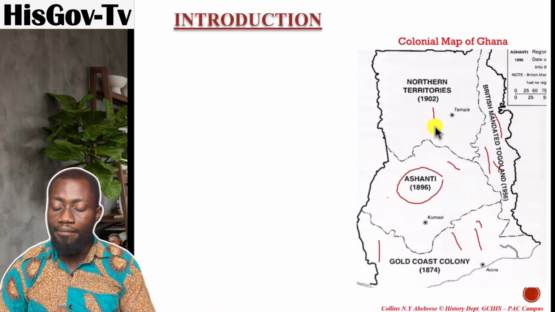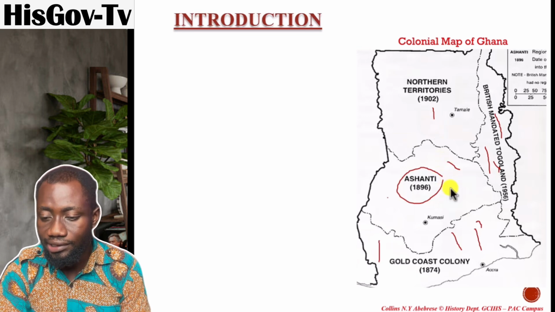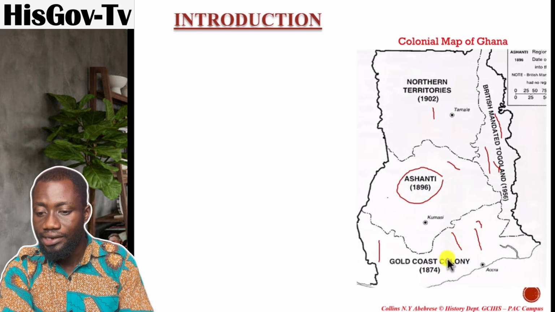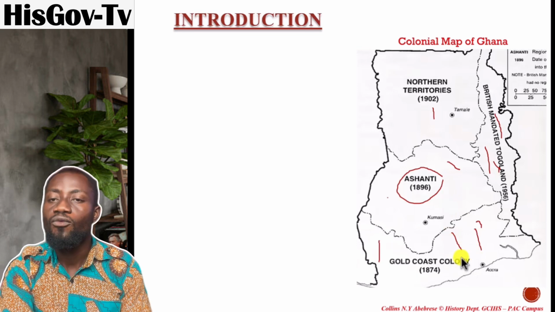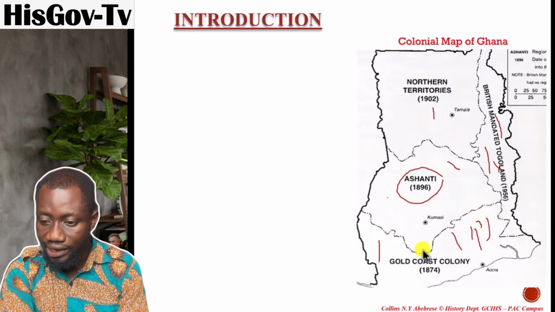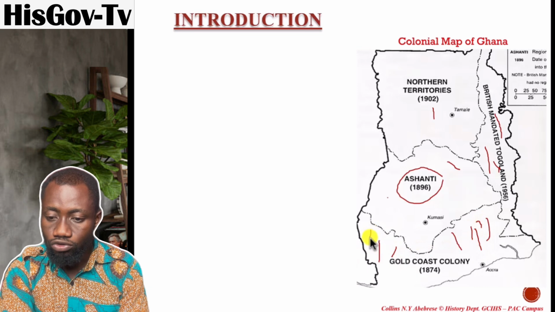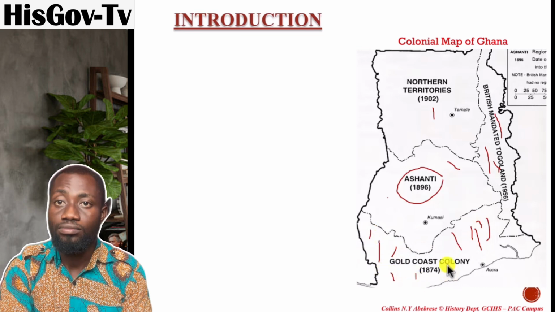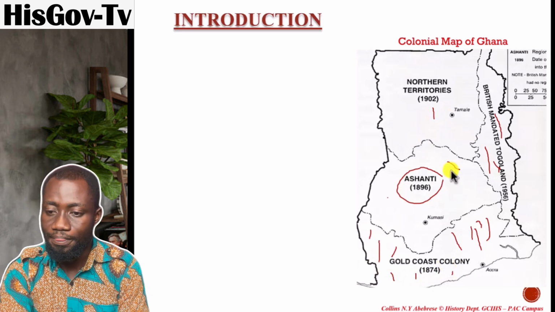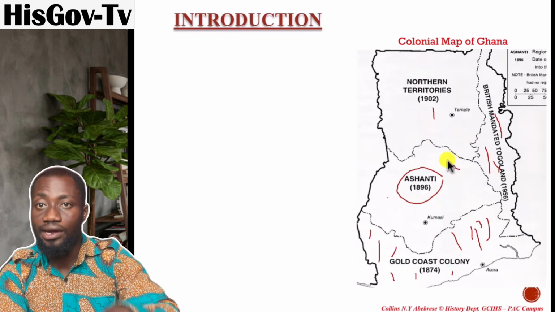Mainly because Ashanti was administered differently from the Gold Coast. Now, when we talk of Gold Coast, this area, we call it Southern Ghana. That is where we call the Gold Coast. So even in essence, if somebody says that Ghana was formerly called the Gold Coast, it wasn't the whole of today's Ghana.